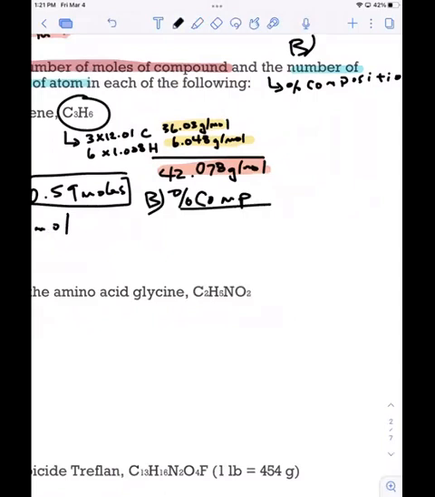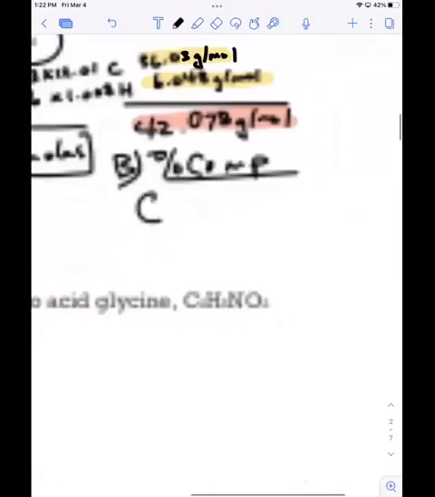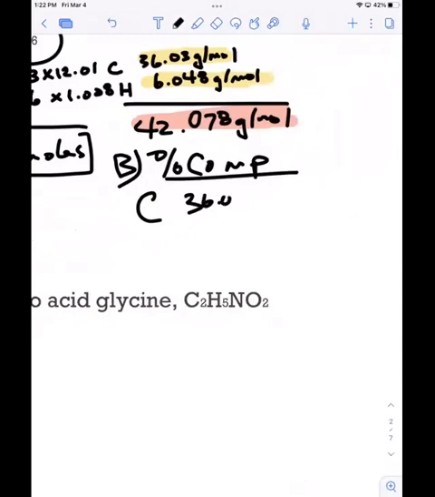And the rest of these problems are identical. Find the molar mass, find the moles, and then for the second part, to find the moles of each atom, you're going to do percent composition. So for carbon, we already know that it's 36.03 divided by the total, 42.078.